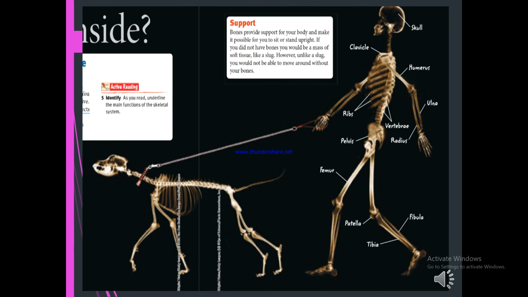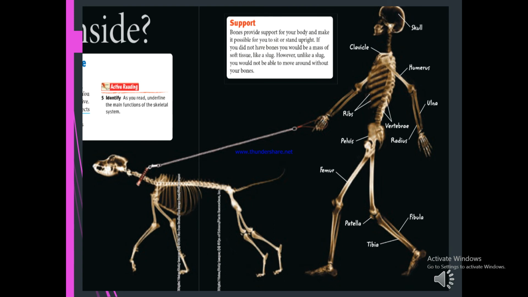For example, nervous tissue in bones can send pain signals to the brain if a bone is broken. You know if the bone is broken, how does your brain know? There has to be some nerves connected to your bone. That's called nervous tissue. Bone also contains smooth muscle tissues that carry materials into and out of the bone, because without muscles attached, your bone cannot move.